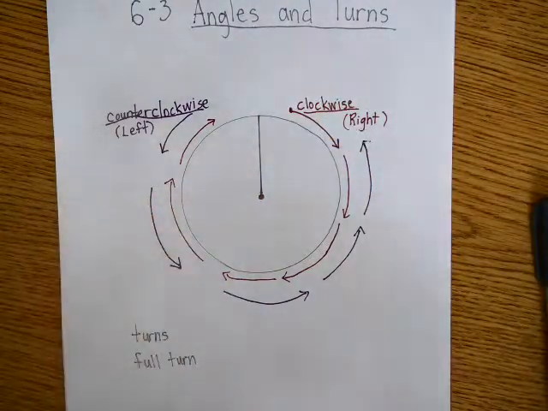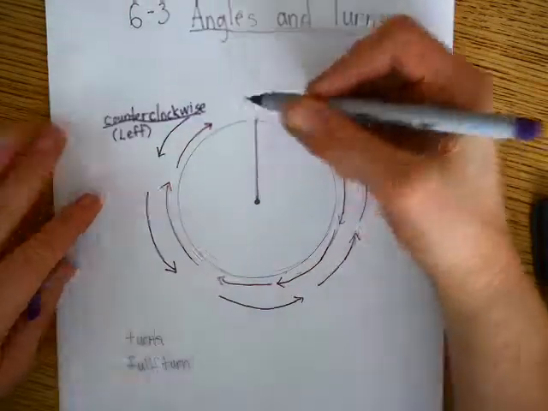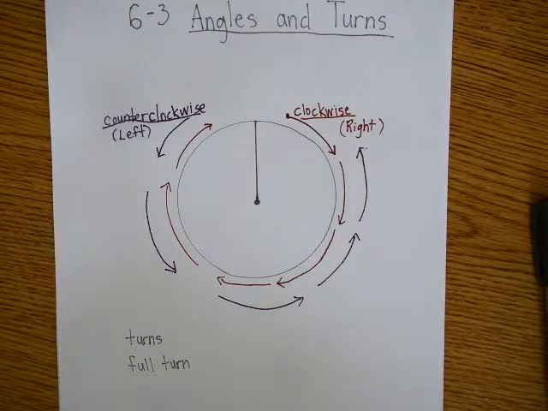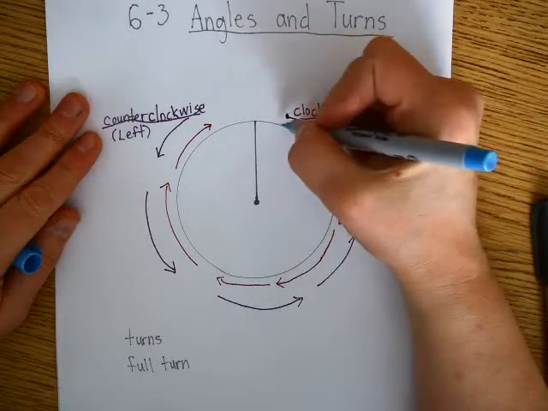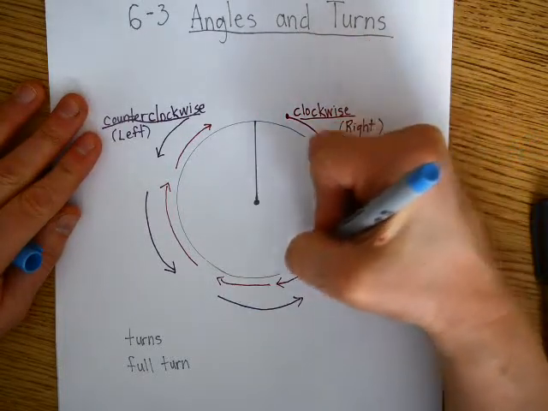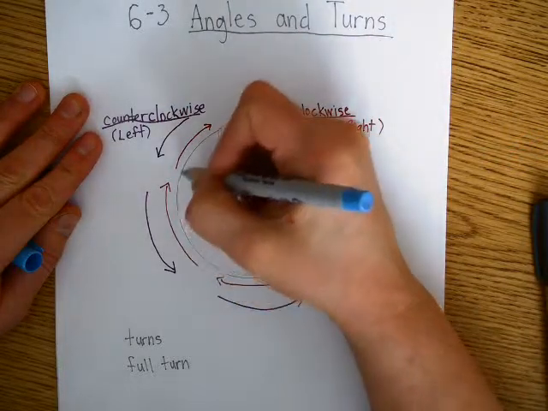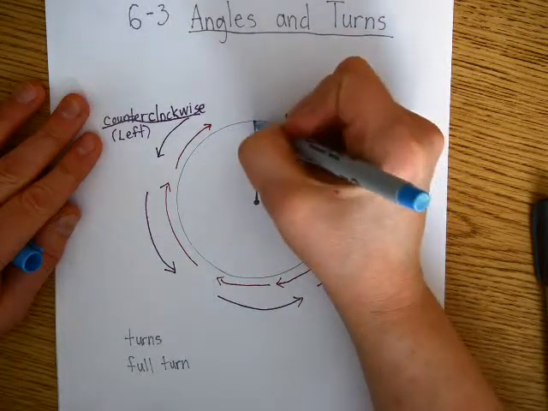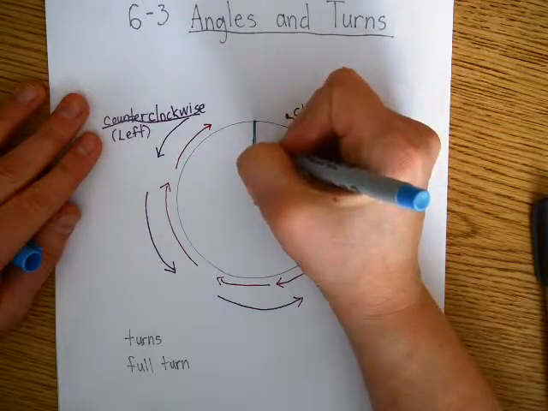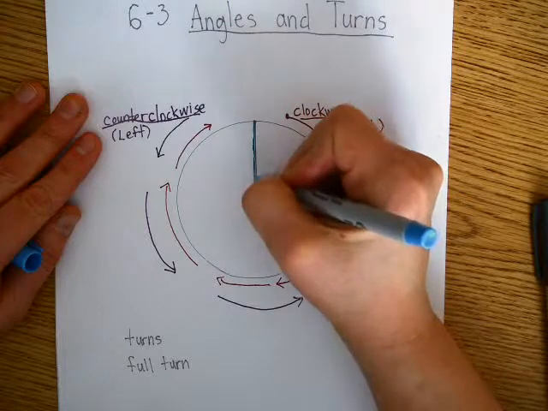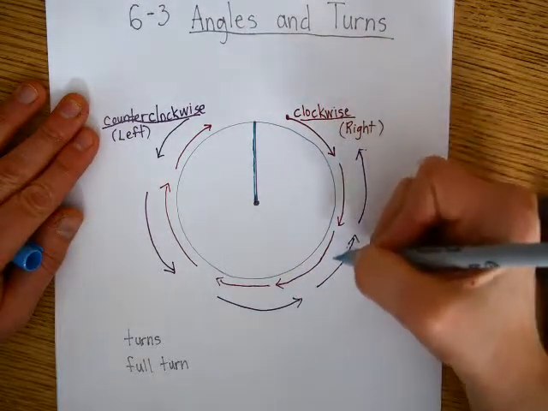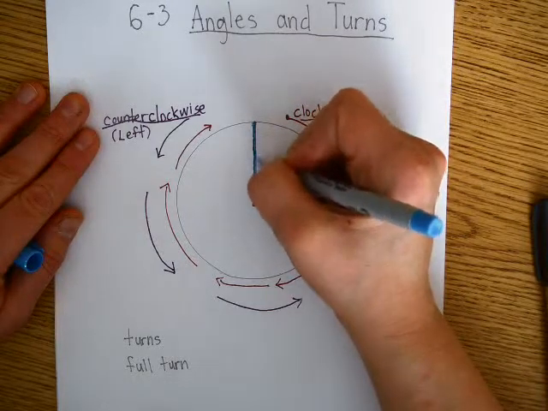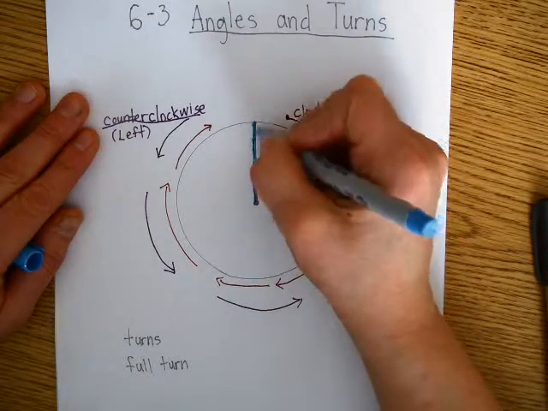For a full turn, it goes all the way around the clock, one turn. So if we did a full turn clockwise, it would go all the way around the clock, and it would end up right back where we started. So this blue hand here is going to represent a full turn because it turned one full turn around.